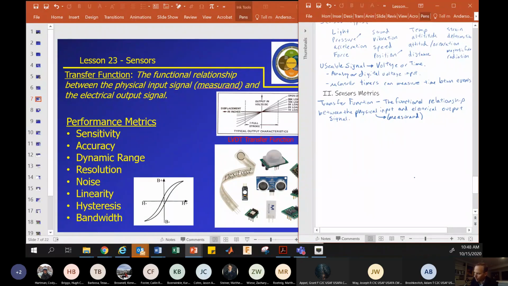So there are a number of metrics we use to characterize how well a sensor works, how good it is. Okay, so one that's very common is the sensitivity.